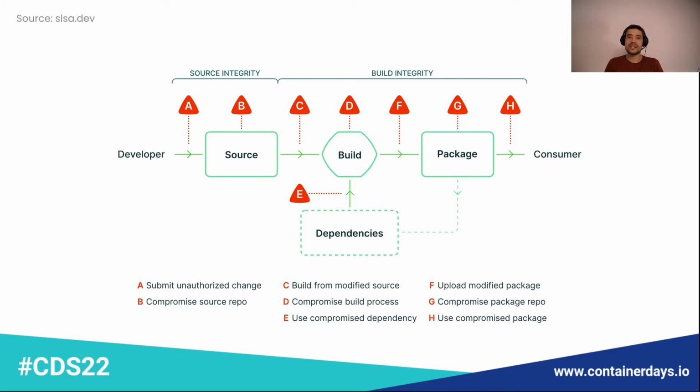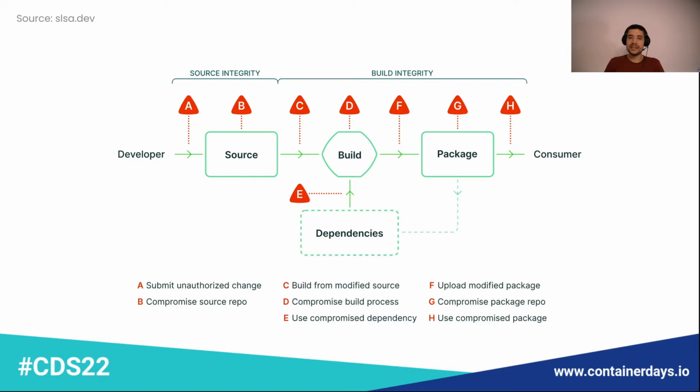If the tests are successful, it creates some artifacts or container images, and then it pushes these container images to an OCI registry. So later, in our production Kubernetes cluster, we will pull these container images. There are many places where things can go wrong in this supply chain.